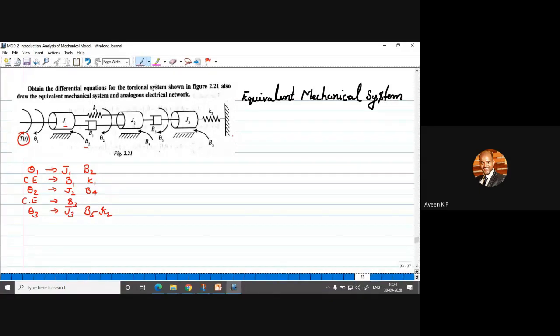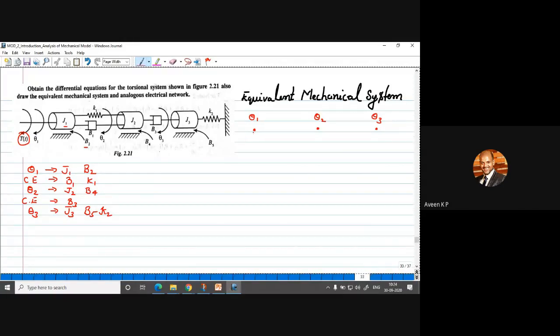So the first step is to represent the angular displacement in terms of nodes: theta 1, theta 2 and theta 3. The elements undergoing theta 1 are J1 and B2. We have two elements.